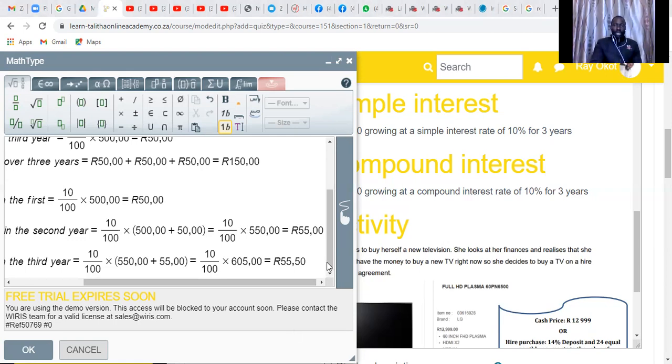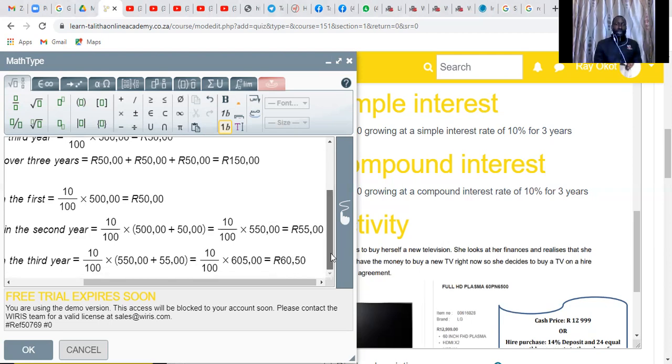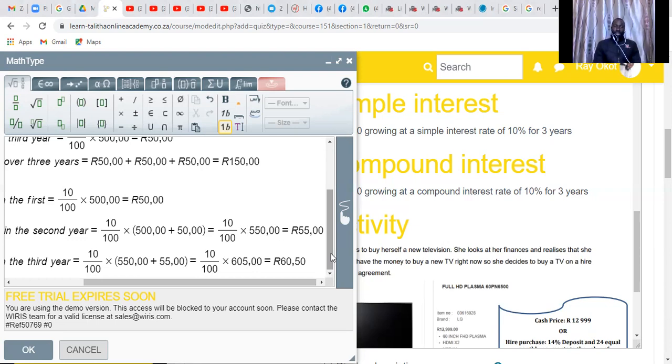So this way, we can now go ahead to calculate. And what we get here is 60.5. Yes, this is how we calculate the compound interest. So the compound interest over the period of 3 years is what?